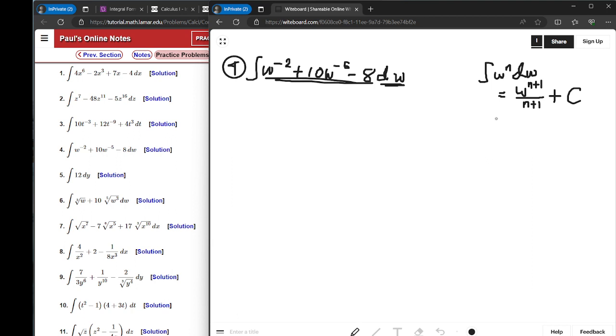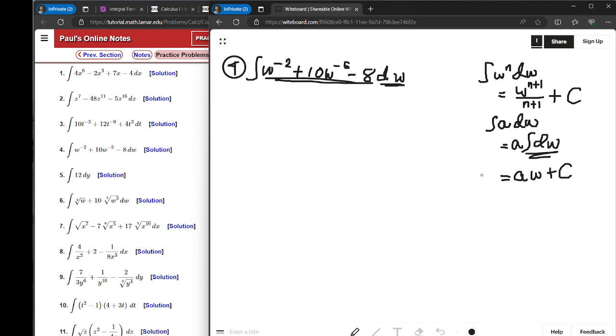Also, we have a property that if a means any constant value or any number, then the integral of a dw is equal to a times w plus c.